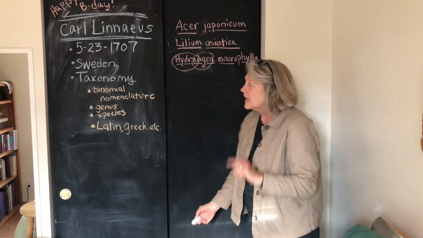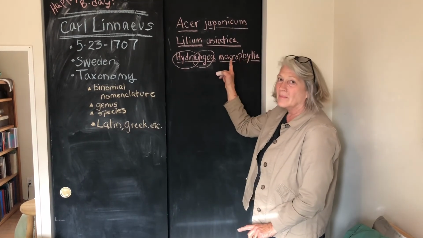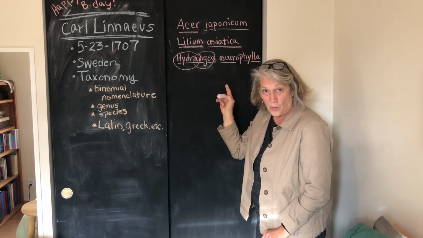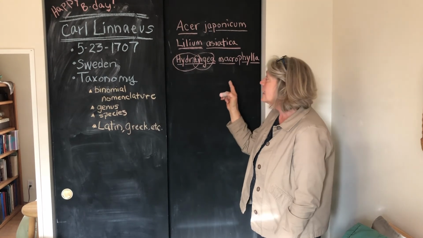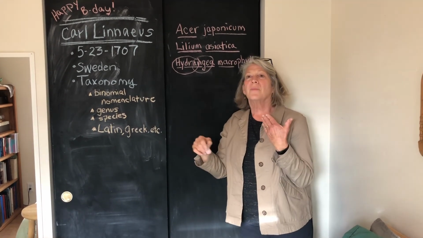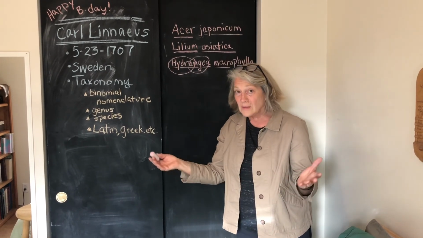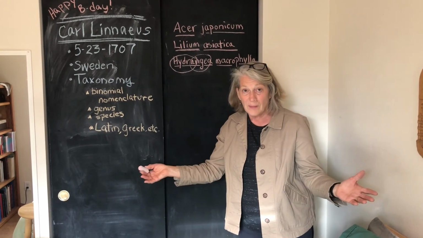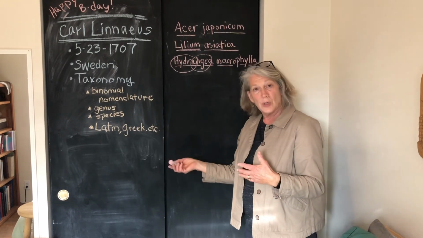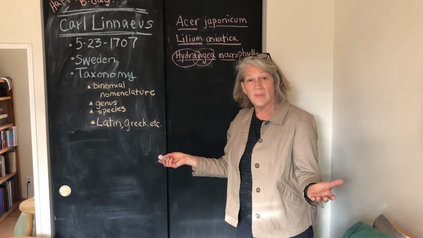Oh, one last thing. The reason botanic names are good to know when you're talking about a specific plant is that the common names can oftentimes be used for multiple different plants, or in a different part of the country or world they can be called something else.